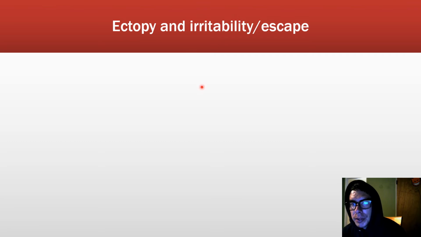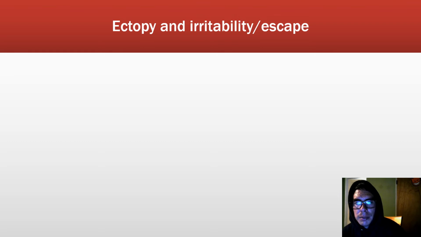That's kind of what happens here. So a cell just gets irritable and eventually just blurts out and generates an impulse for just a single beat. So that's an ectopic beat. Irritability will come quicker in the cardiac cycle.